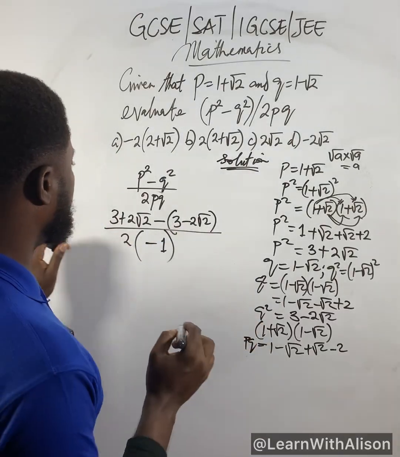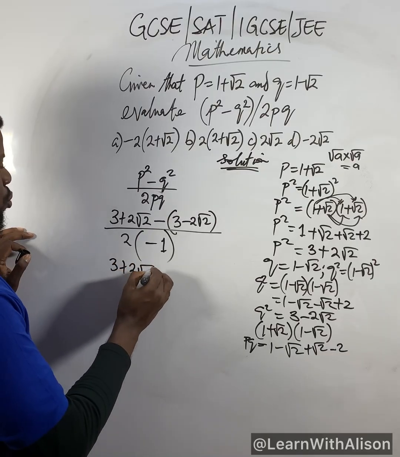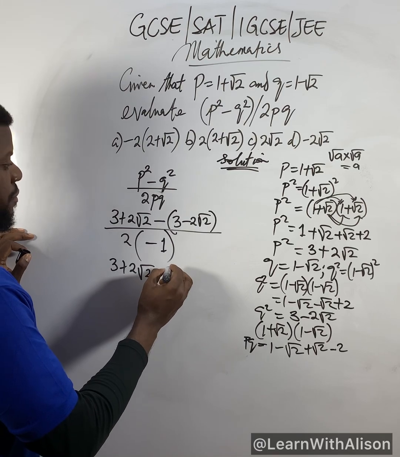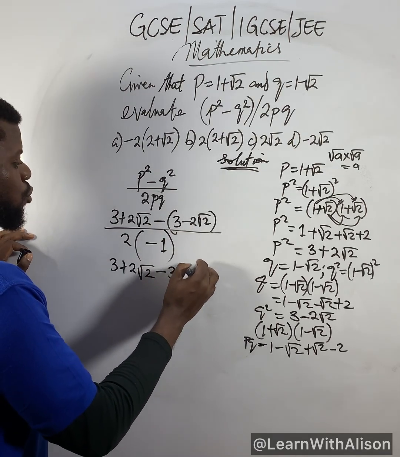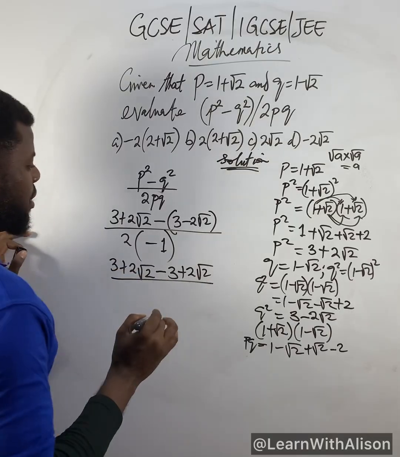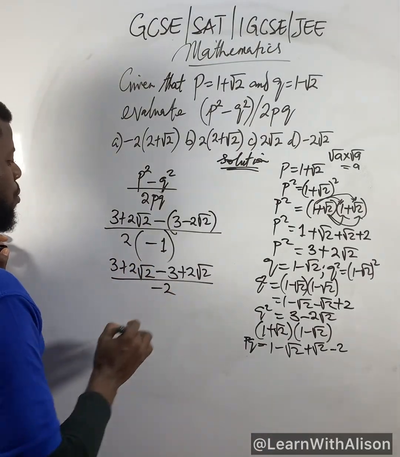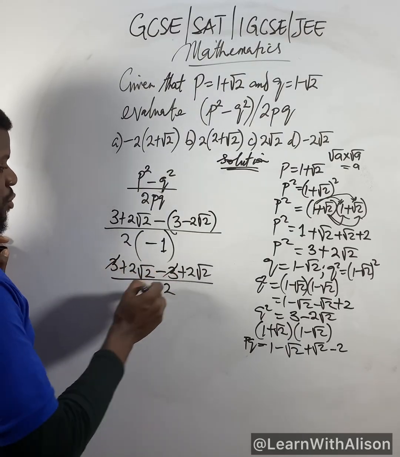So let's simplify this. On the numerator, we have 3 plus 2 root 2. Negative sign, we clear the bracket. So we have negative 3. Negative times negative will be positive 2 root 2, divided by 2 times negative 1, which gives us negative 2. Now look at it. 3, negative 3. 3 minus 3 will go.